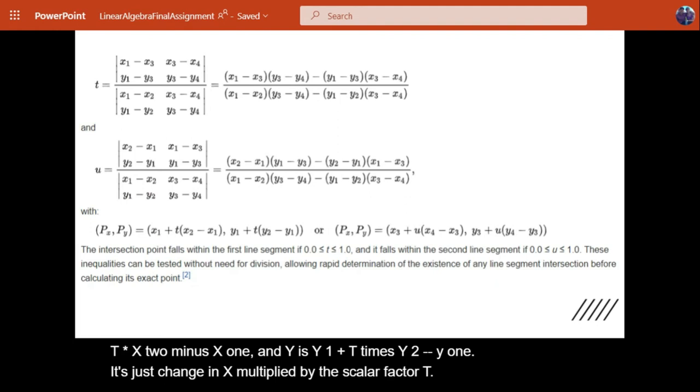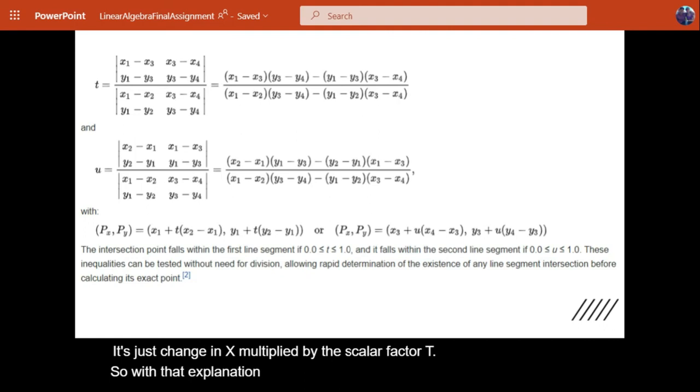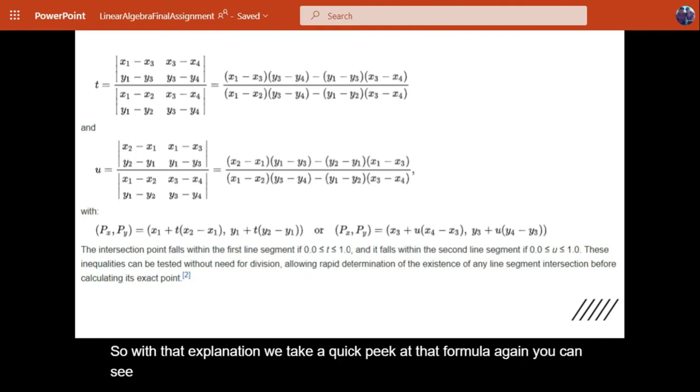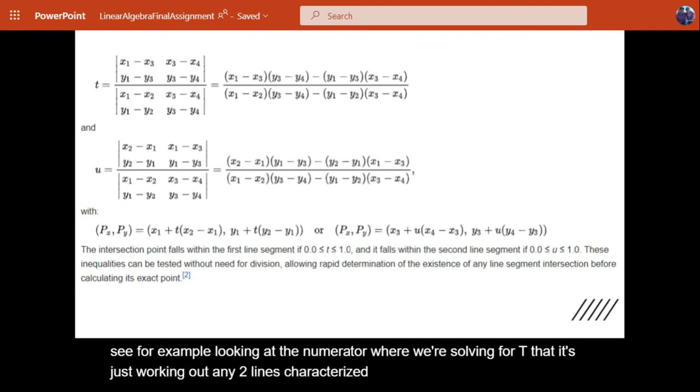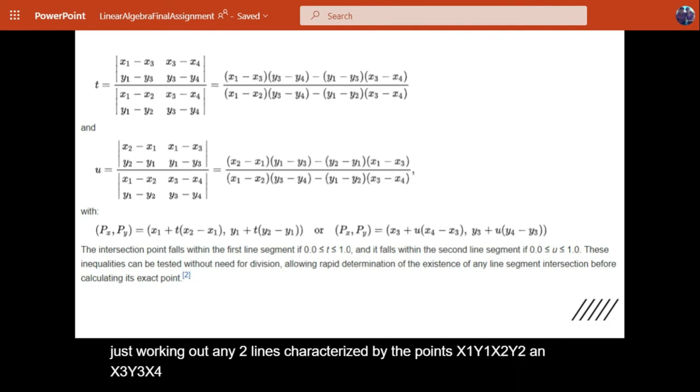So with that explanation, we can take a quick peek at that formula again. You can see, for example, looking at the numerator where we're solving for t, that it's just working out any two lines characterized by the points x1, y1, x2, y2, and x3, y3, x4, y4 using determinants like we've done in class. Once it's in the form of an equation, it's very easy to get into code.